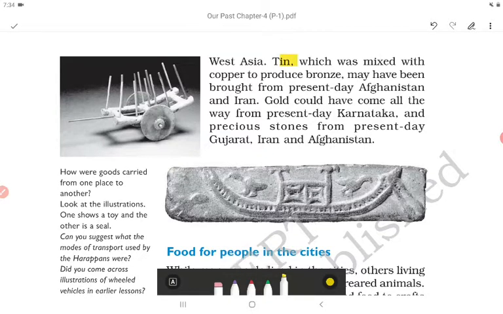Tin, which was mixed with copper to produce bronze, may have been brought from present-day Afghanistan and Iran. Gold could have come all the way from present-day Karnataka, and precious stones from present-day Gujarat, Iran, and Afghanistan.